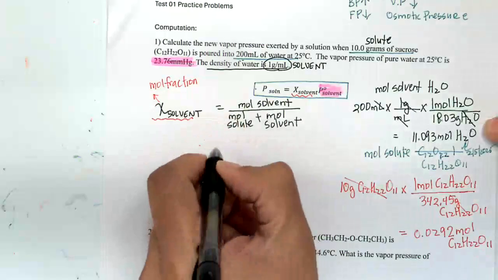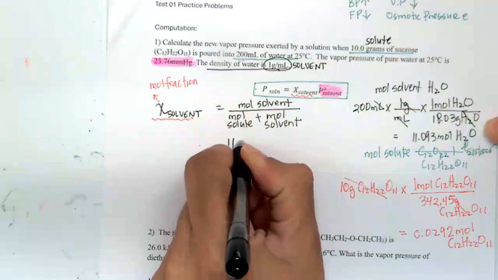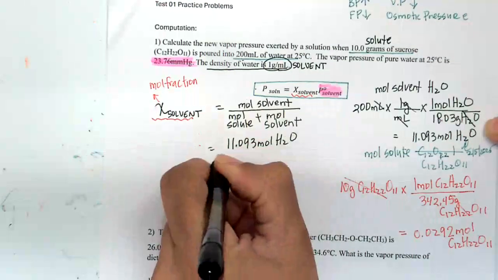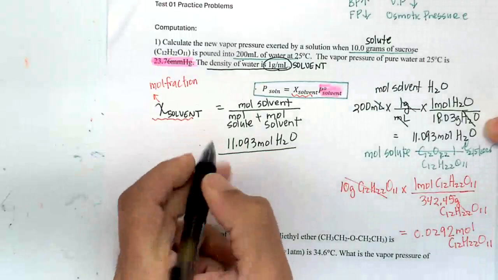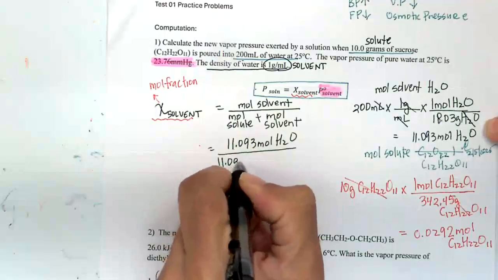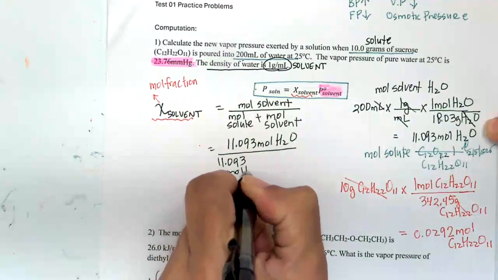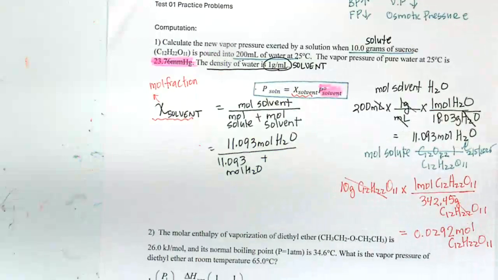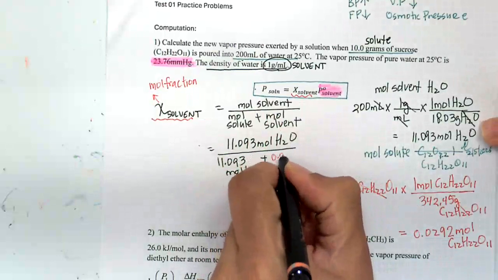Let's do the moles of solvent first. This is going to be 11.093 moles of water divided by 11.093 moles plus 0.0292 moles.